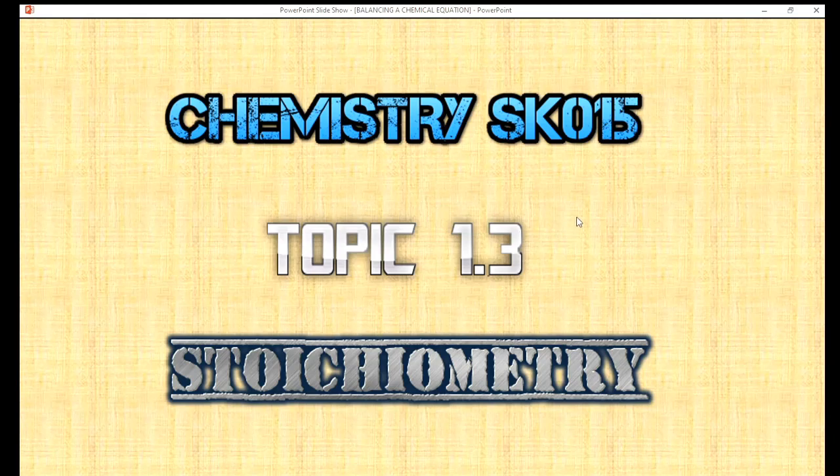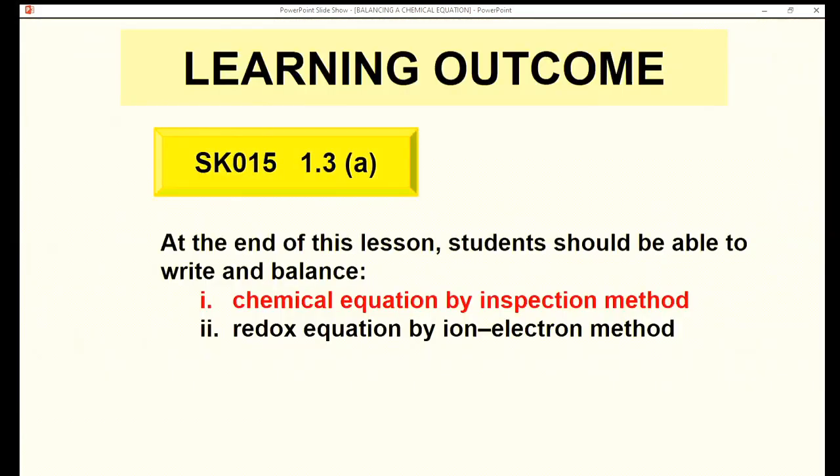In today's lesson, we are going to discuss the third subtopic for this chapter 1, stoichiometry. In the first part of this 1.3, you are required to learn how to write and balance chemical equations by the inspection method.